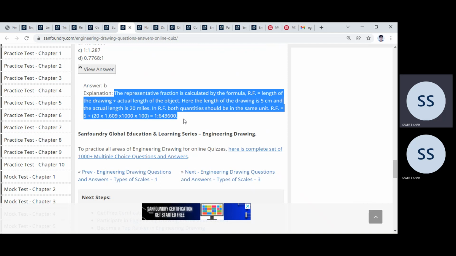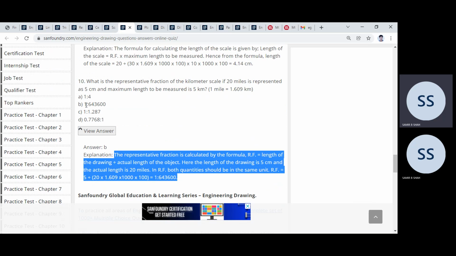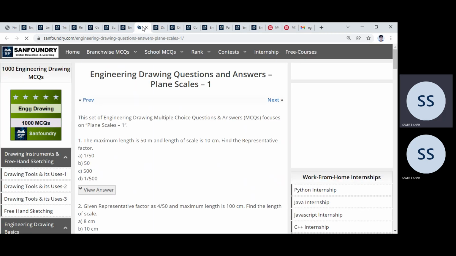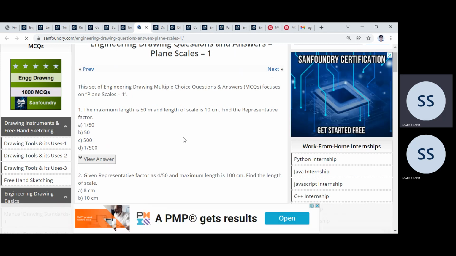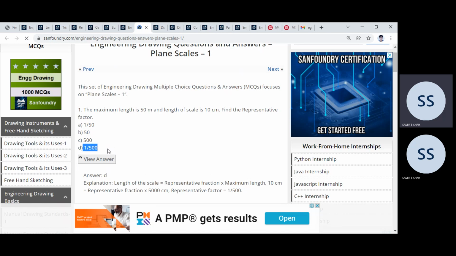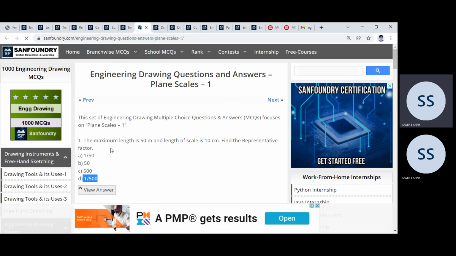So please calculate and find the answer, and that may be your B. Okay, next. The maximum length is 50 meter and the length of the scale is 10 centimeter. So RF factor, we have the equation, and we have to use the same thing for the scale and for the RF factor.